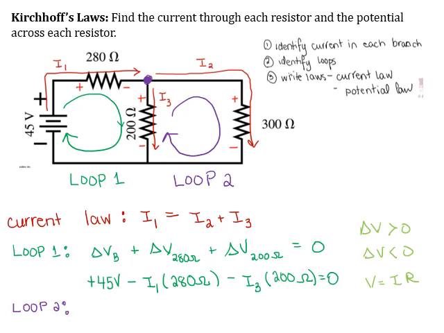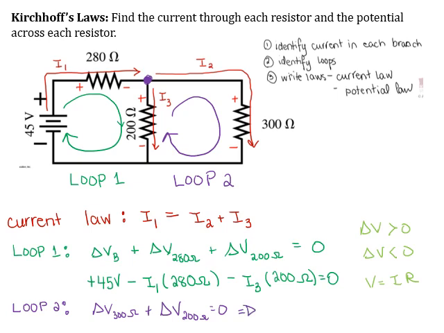So for loop 2, we have the potential of the 300 ohm resistor and the potential of the 200 ohm resistor. When we add those two guys together, we get 0.